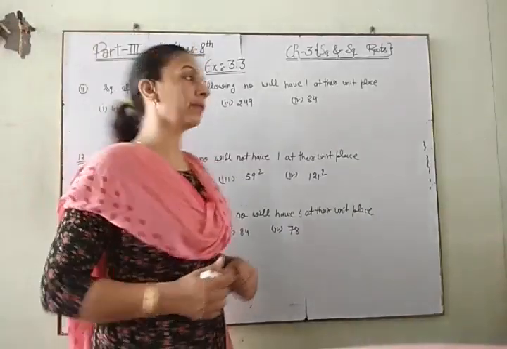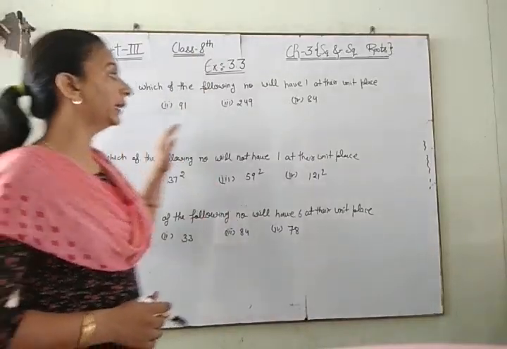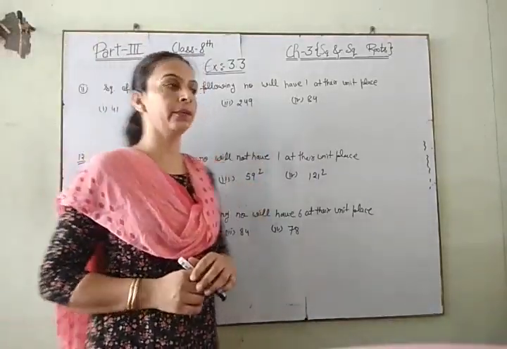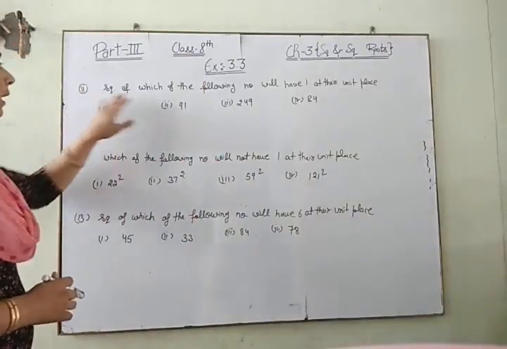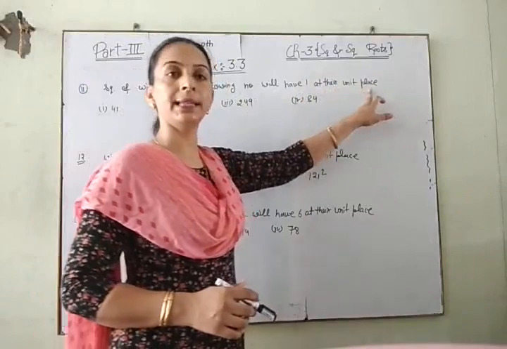The next question, question number 11. Students, these questions we already discussed in the first video. For 11, the square of each of the following numbers will have 1 at their unit place.